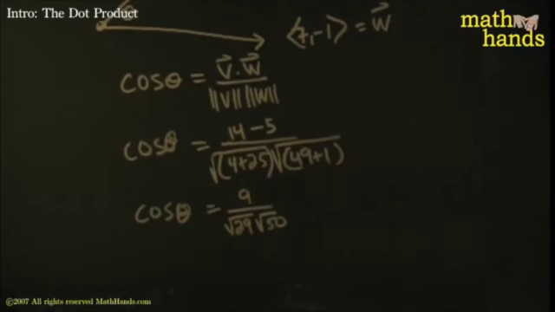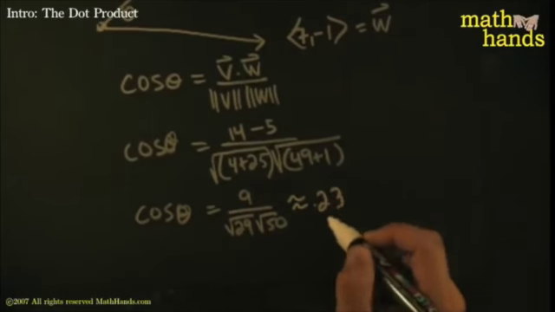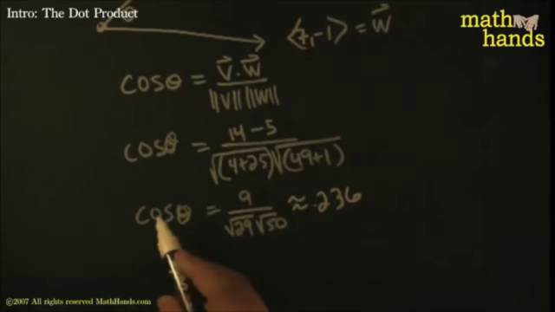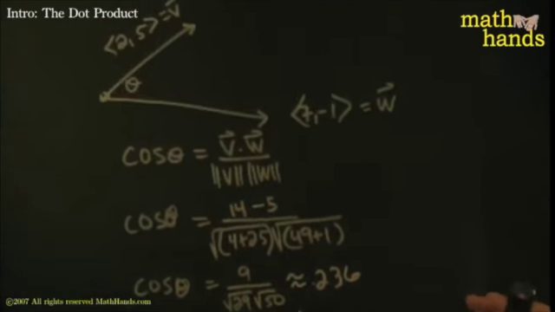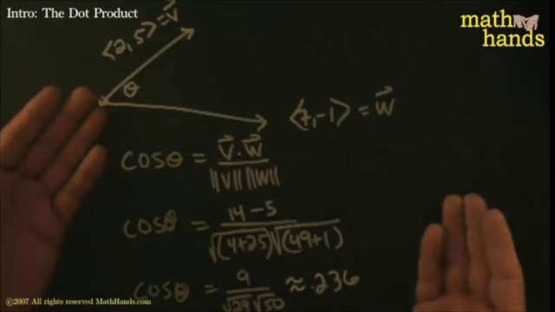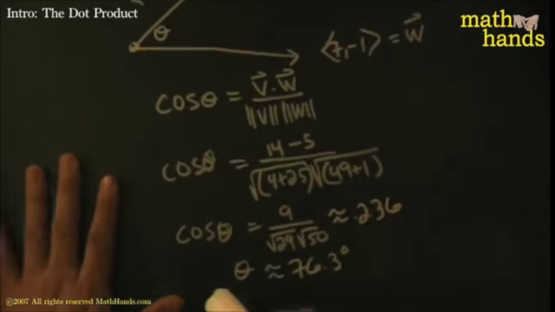The famous dot product formula tells you that all you gotta do is dot them, divide by the norms, and that gives you the cosine. So if I call this V and I call this W, cosine theta is equal to V dotted with W divided by the product of the norms.